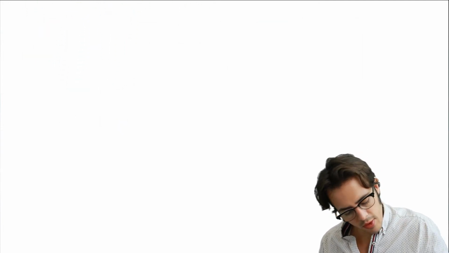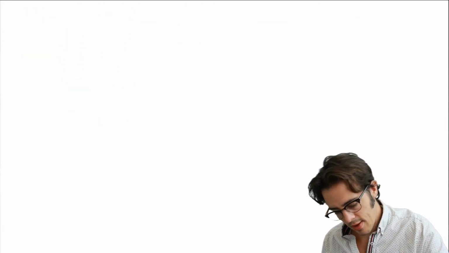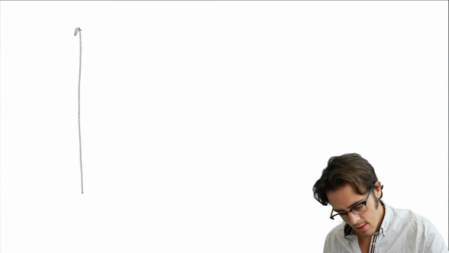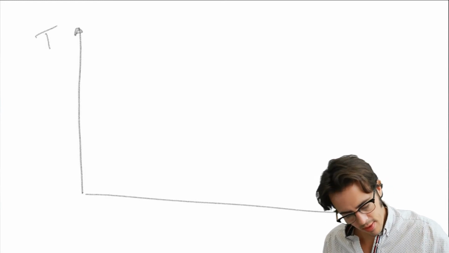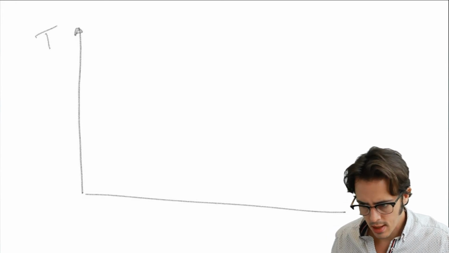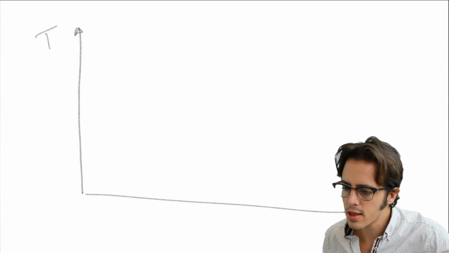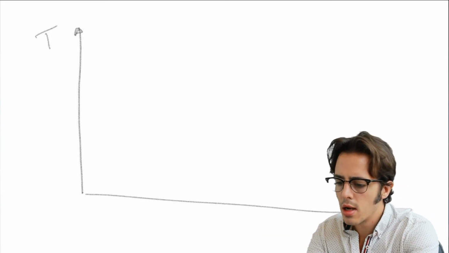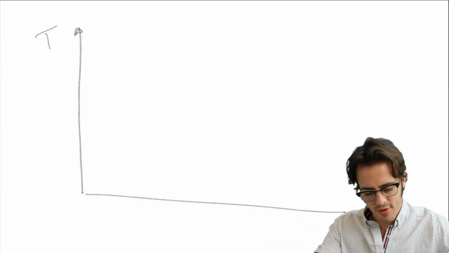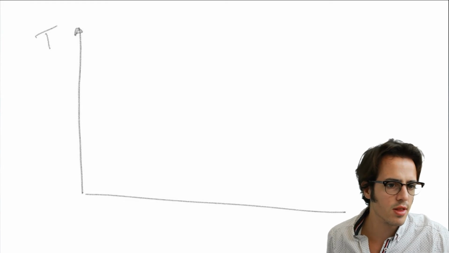So if we were to do the same exercise we just did a moment ago, we look at thrust, and then I've got to remember how this plot looks because I've drawn it out and done it on the website. I want to make sure I get this right.